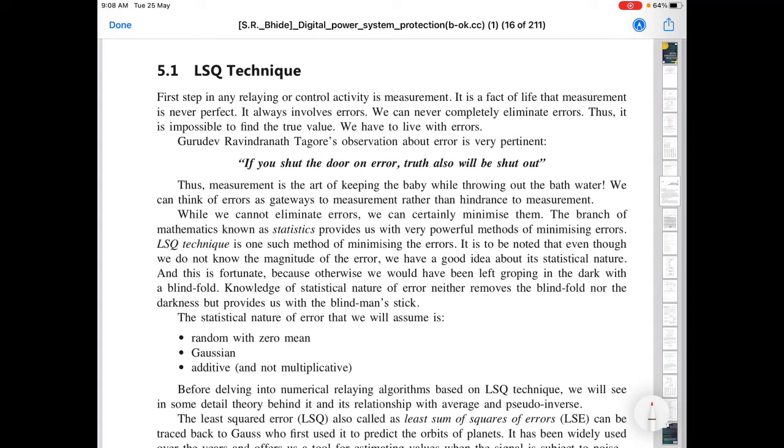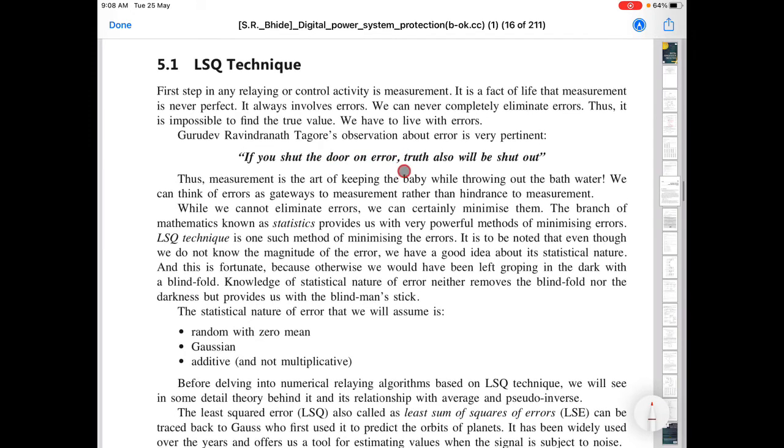Rabindranath Tagore says that if you shut the door on error, truth also will be shut out. It means you cannot run away from error. Errors are always there.